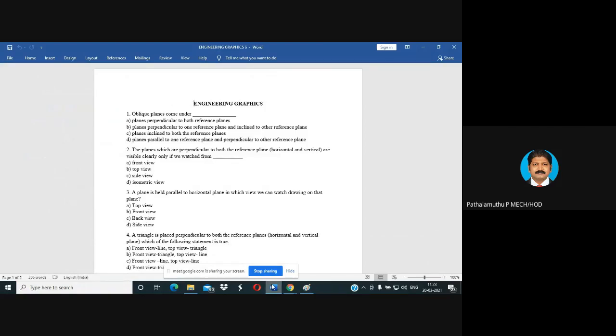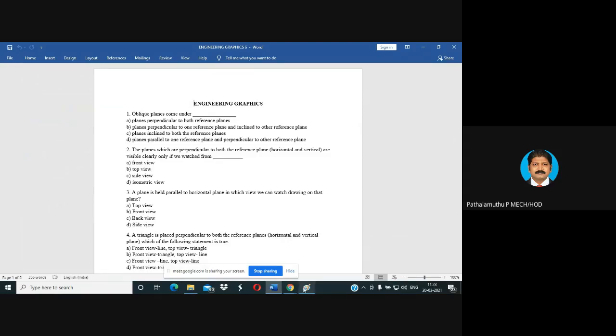That is the correct answer, because for a plane perpendicular to both HP and VP, the front and top views show only a line, not a clear view. Length and breadth are not visible. So only the side view shows the clear view. So option C is the correct answer.